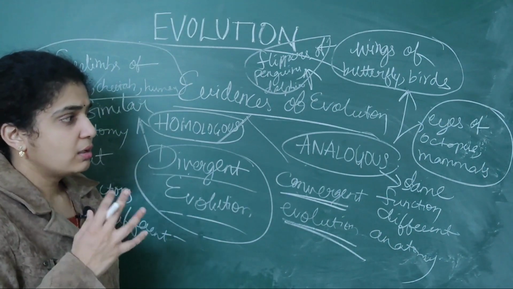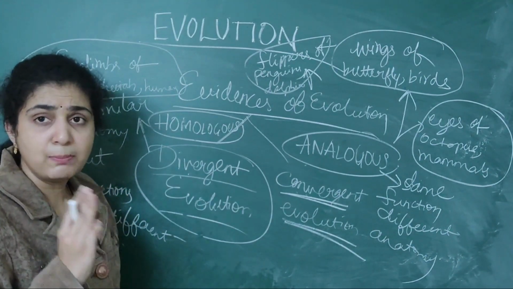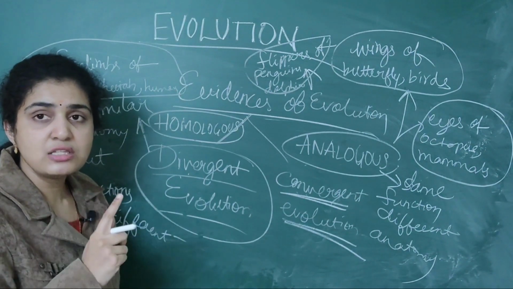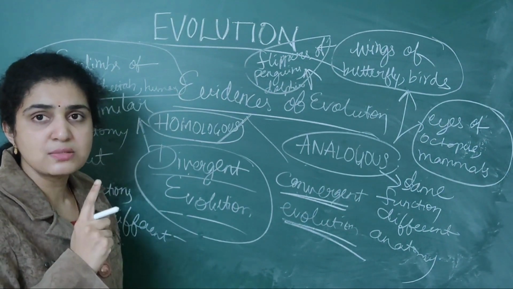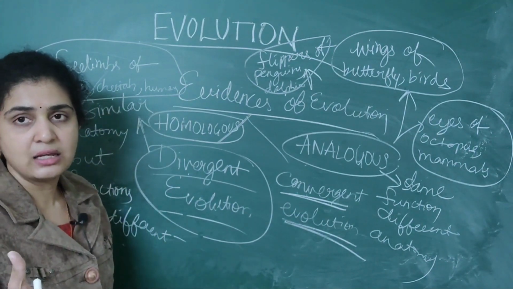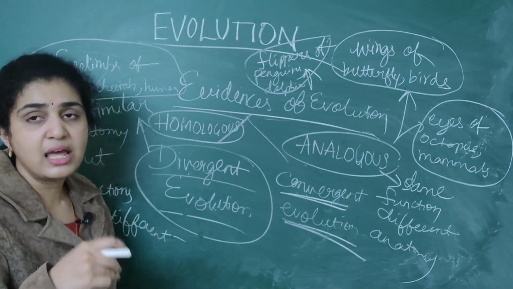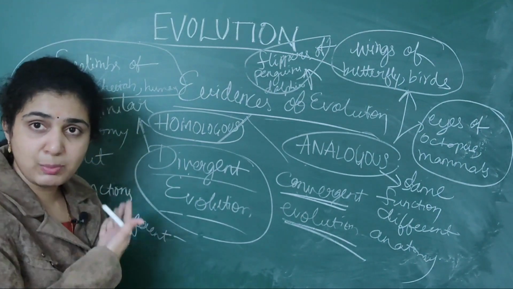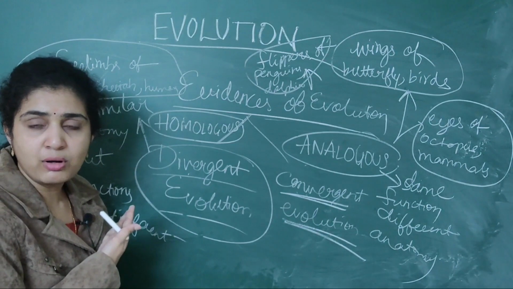Three examples were given, important from the NEET point of view. Everyone will think that wings of butterfly as well as birds look alike. But they are alike but not fully alike, or else they would be classified under homologous, right?